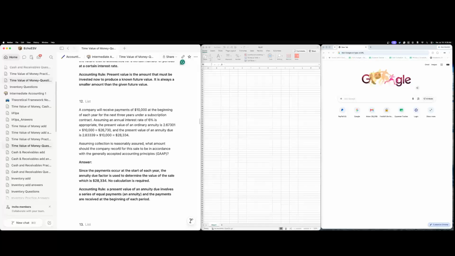If they collect the payment at the beginning of the year, that money will grow over the course of the month till the next month. So the annuity due is going to be more than the ordinary annuity. So at the beginning of the year, that's going to be annuity due, 28334.